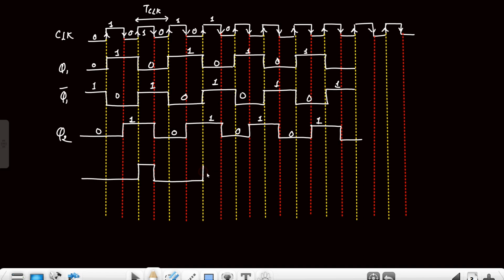So this is Q2 dot clock, and then again it will be at 1 for this instant, and so on; otherwise it is 0.